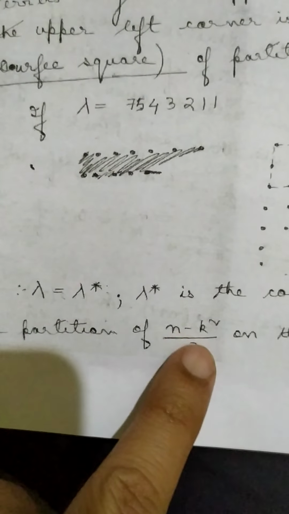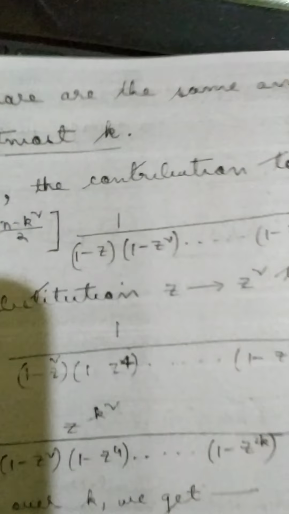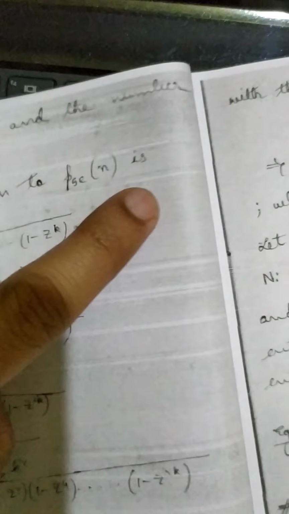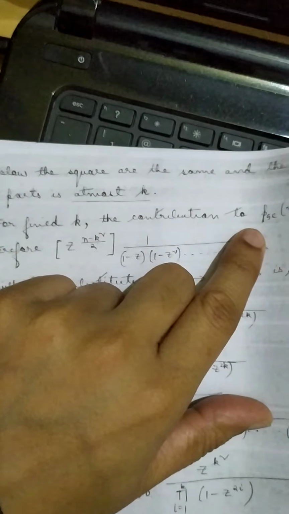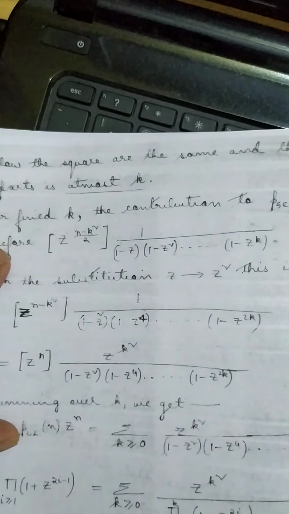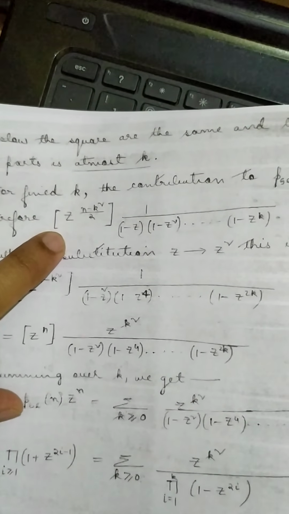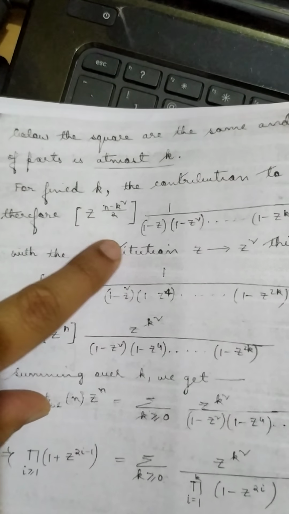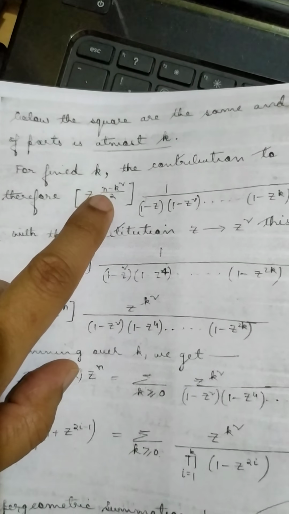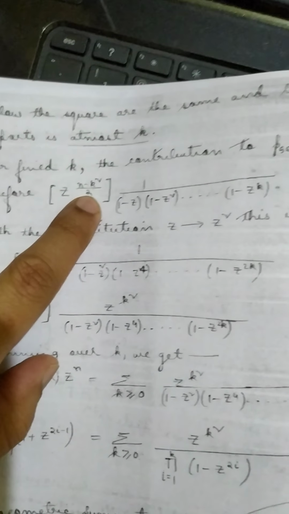So the partitions of (n minus k square) divided by 2 on the right and below the square are the same, and the number of parts is at most k. So for fixed k, the contribution to self conjugate partitions is the coefficient of z to the power (n minus k square) divided by 2.